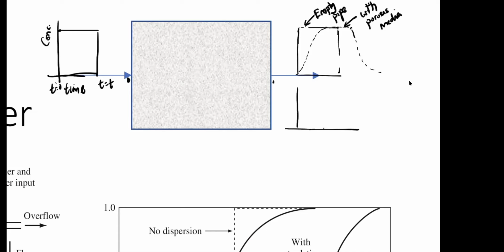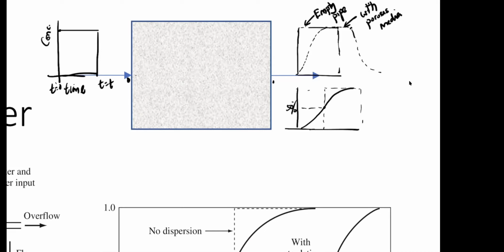So what happens is, in that time, some pollutants may short circuit and appear faster. Some pollutants may take some time to appear later. So normally what you see is that 50% shows up when you expect everything to show up.